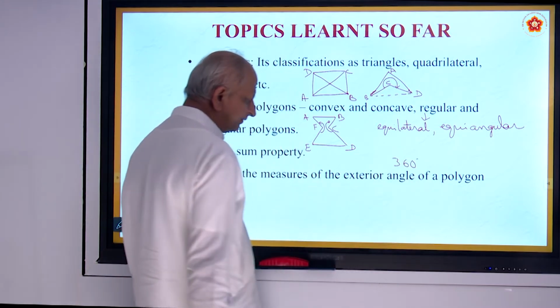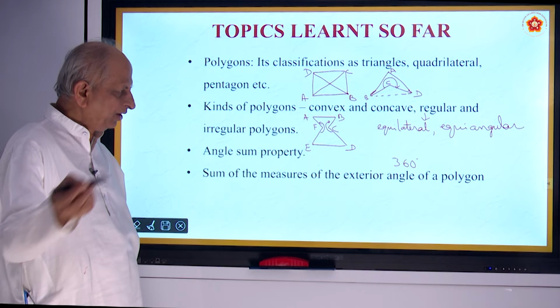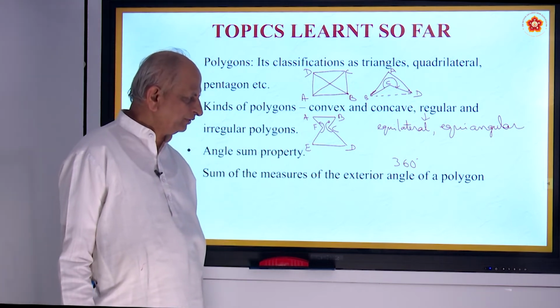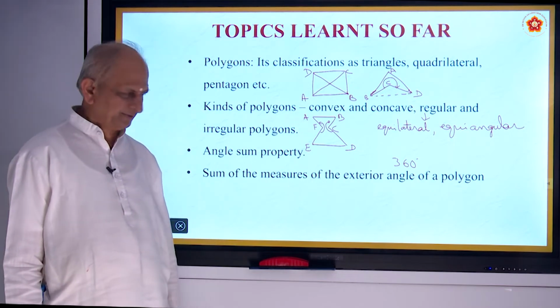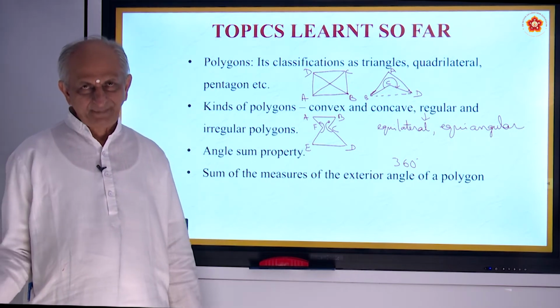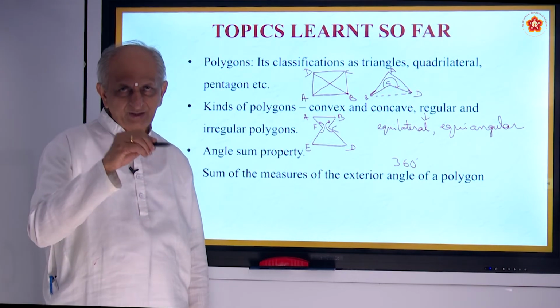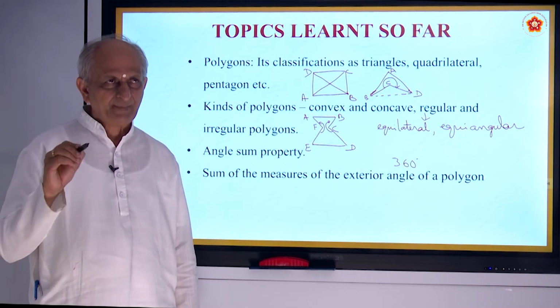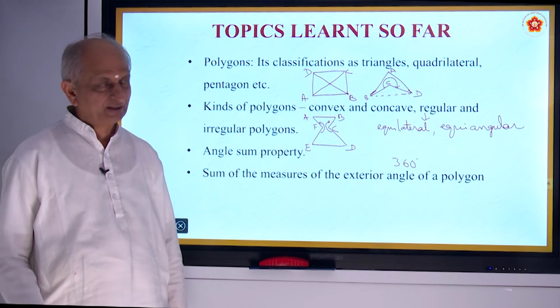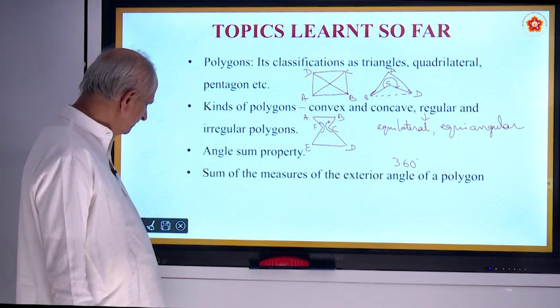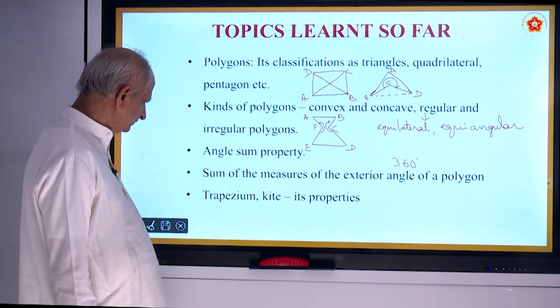Whatever the polygon may be, the sum of all the exterior angles is 360 degrees. With that property, you can find the number of sides if the exterior angle is given, or if the number of sides is given, you can find the exterior angle. All these you have studied in the previous class.